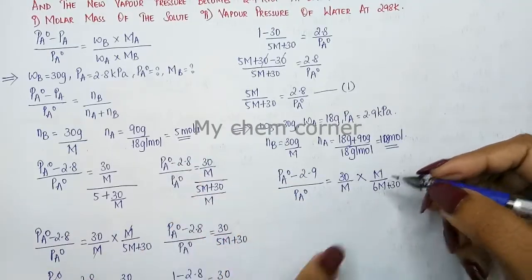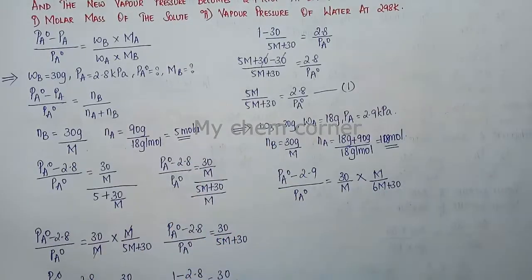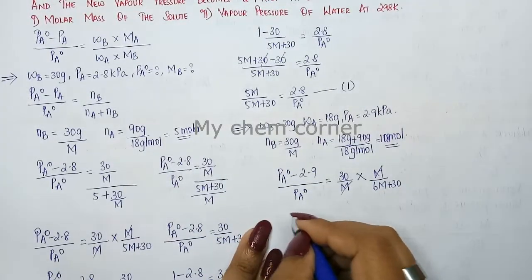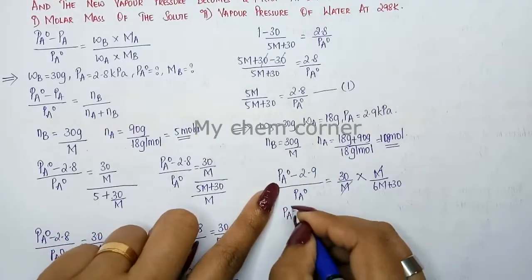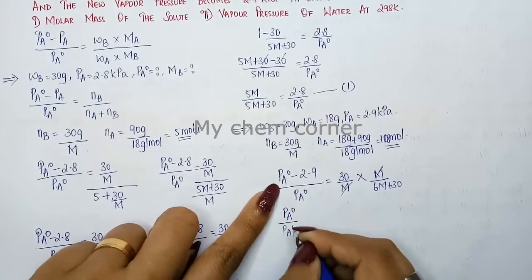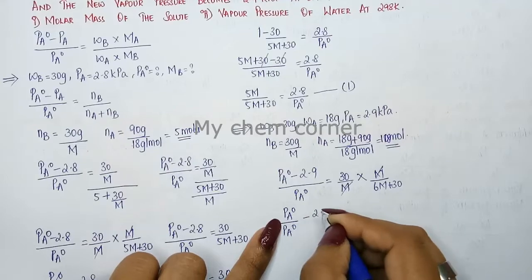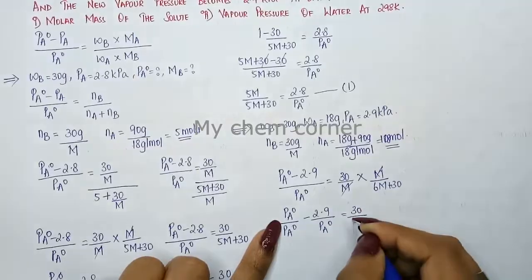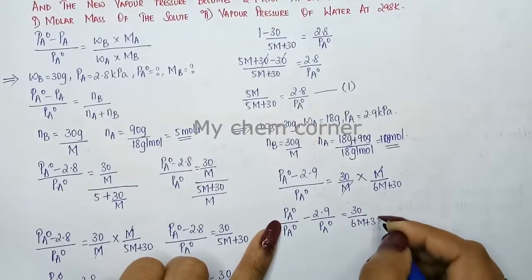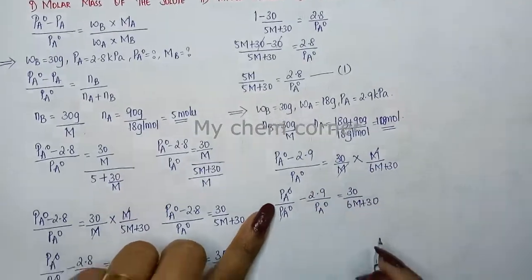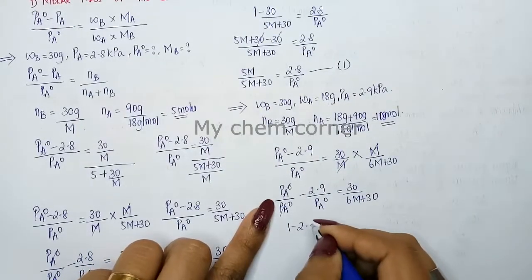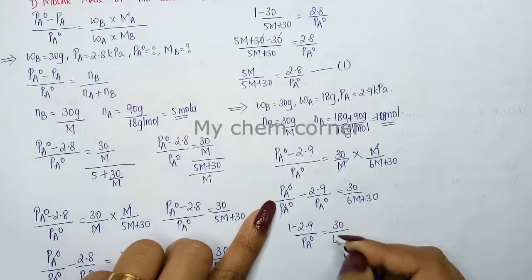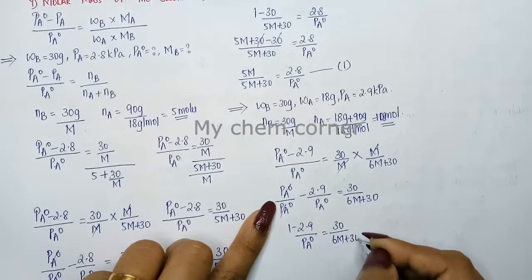I did the LCM and I'll get M by 6M plus 30. M and M will get cancelled. When I write over here, I'll separate the left hand side also, PA naught by PA naught. Same steps as previous, 2.9 by PA naught equals 30 by 6M plus 30. PA naught and PA naught will get cancelled. So I'll get 1 minus 2.9 by PA naught, which is equal to 30 by 6M plus 30.